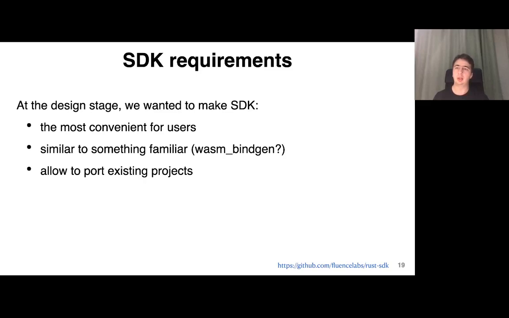We thought it would be good if this SDK would be similar to something familiar, for example wasm-bindgen. Wasm-bindgen is maybe the most important and the best known gem from the WebAssembly world, especially from Rust integration. And the last requirement is the easiest way to port existing projects, existing applications, to Fluence.